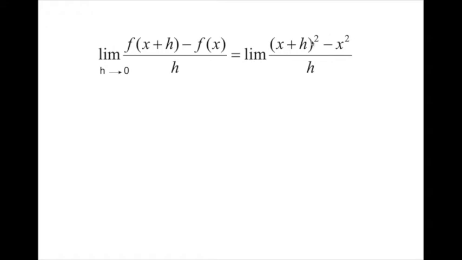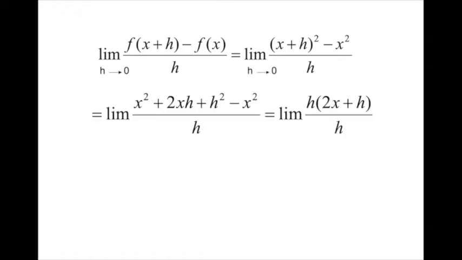We have to tidy the expression at the top here. So if you expand this, you get this expression subtracted by x squared divided by h. Simplify it, then you get this expression here. Then these two h's cancel out.